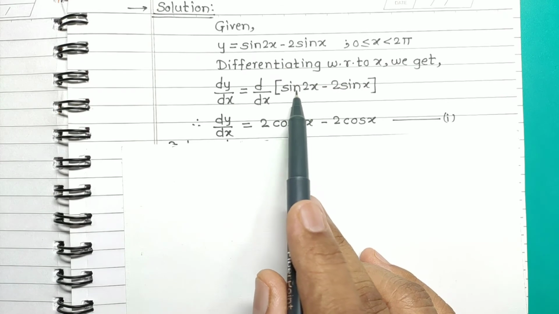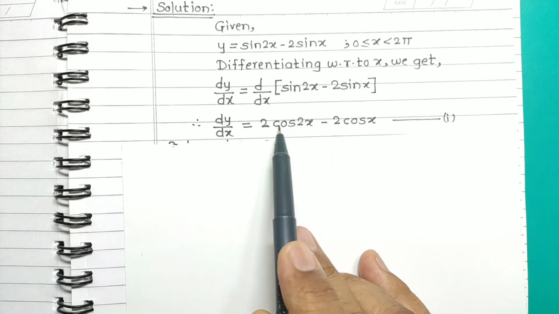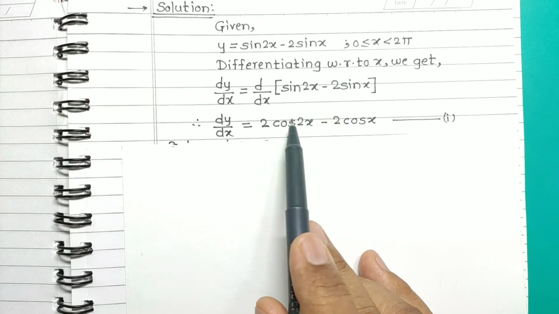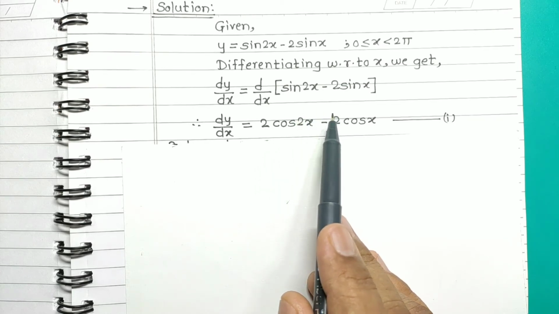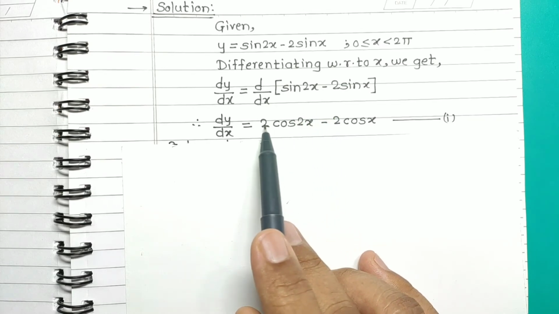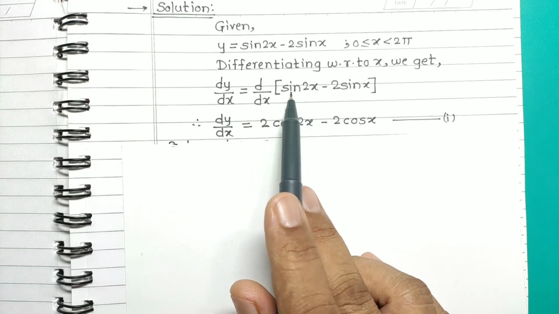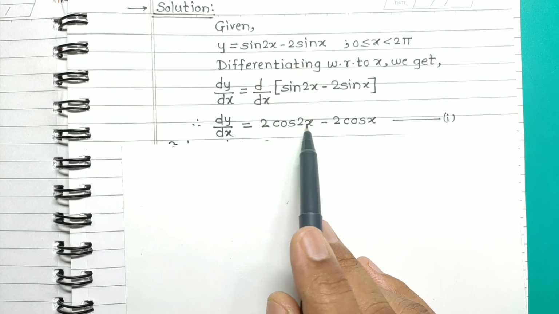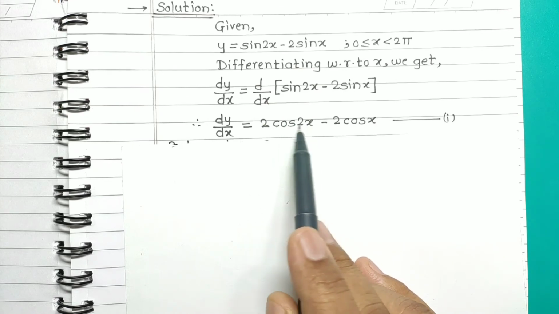See again, sine of something, so derivative is cos of something into derivative of something which is 2x, and derivative of 2x is 2. So derivative of sine 2x is 2 into cos of 2x. Note it properly.